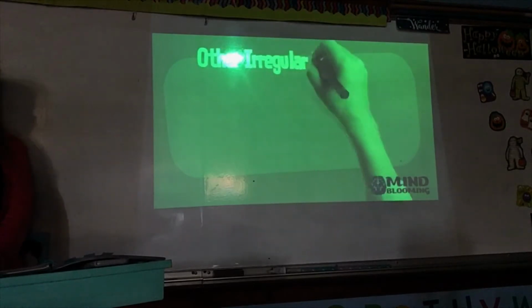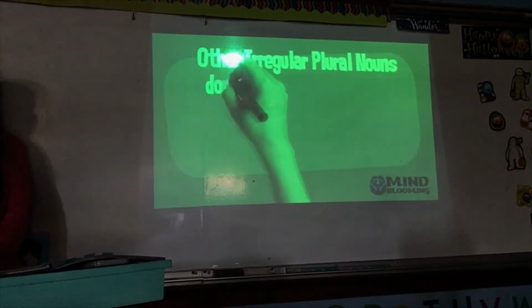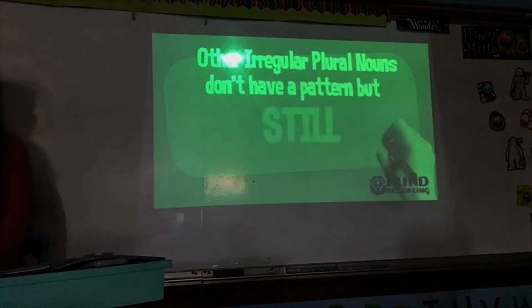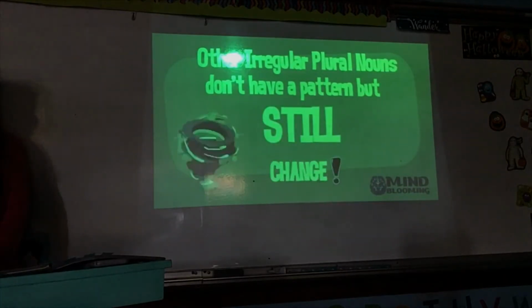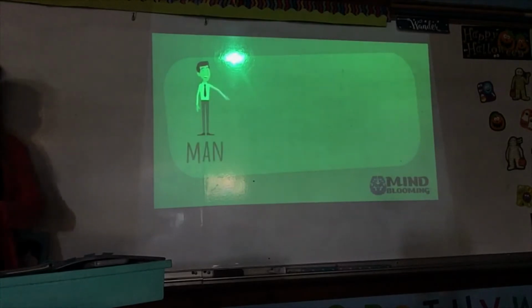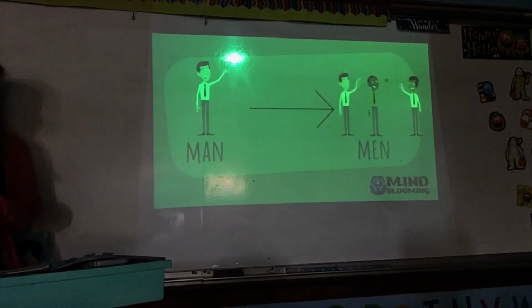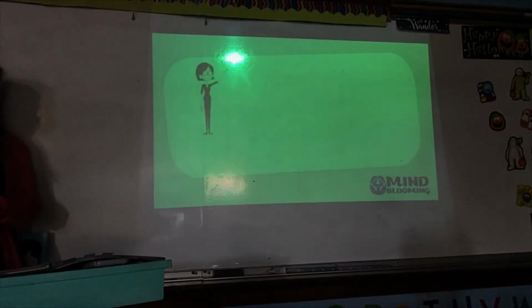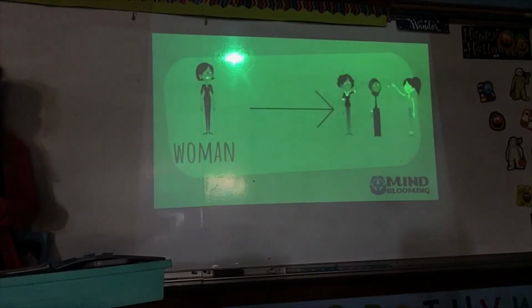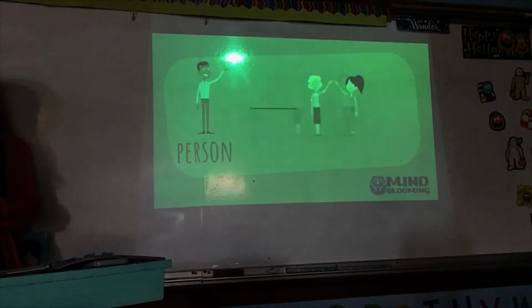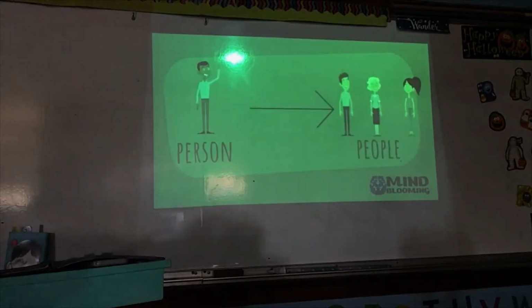Other irregular plural nouns don't have a pattern, but they still do change. For example, man becomes men. Woman becomes women. Person becomes people.